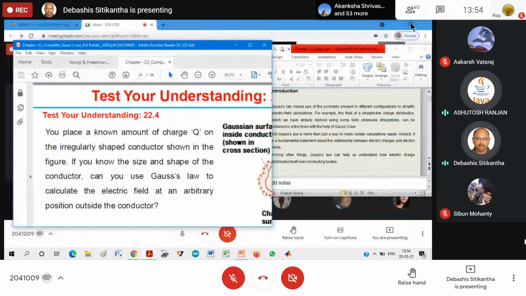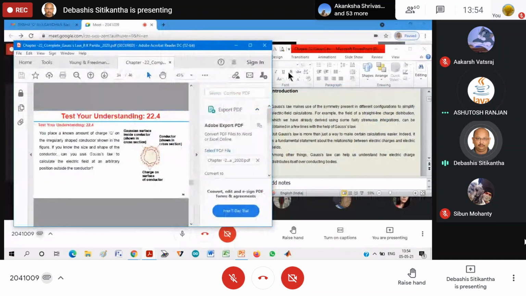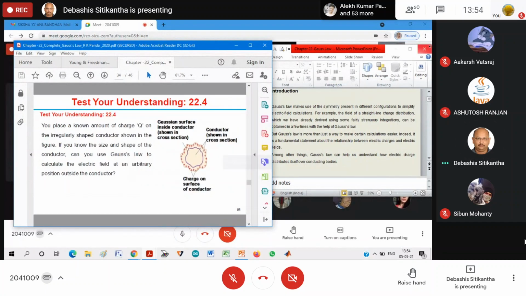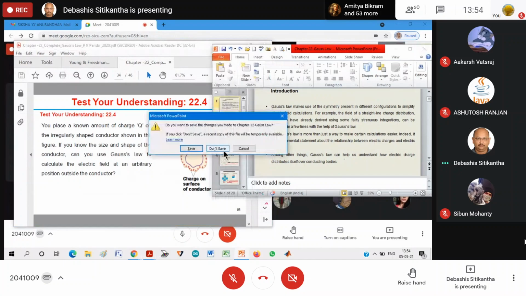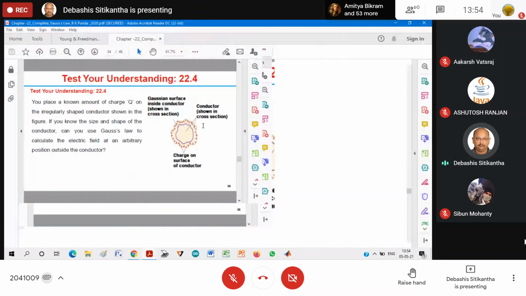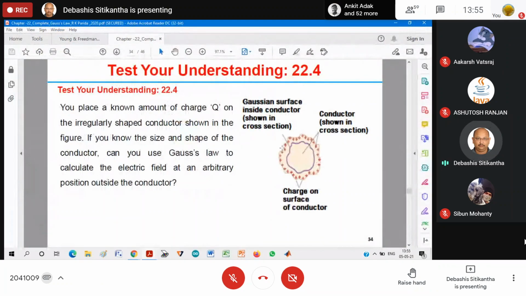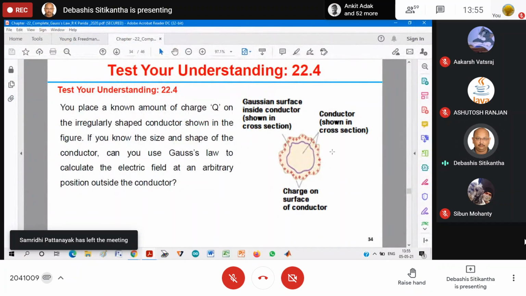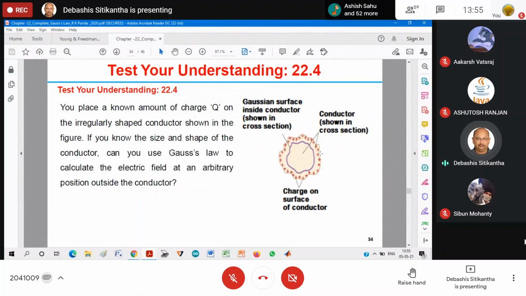Sir, Gauss law uses symmetry. Yes, that's the correct one. Very good. Excellent. You have answered it perfectly. Now, just have a look over here. Here, the surface is not uniform, so uniformity cannot be maintained. This is an irregular cross-sectional area.